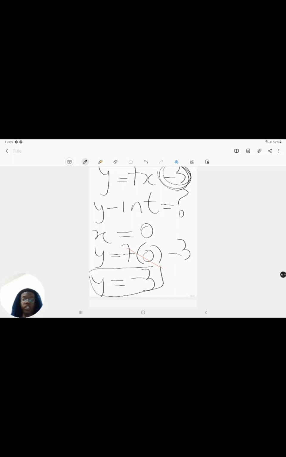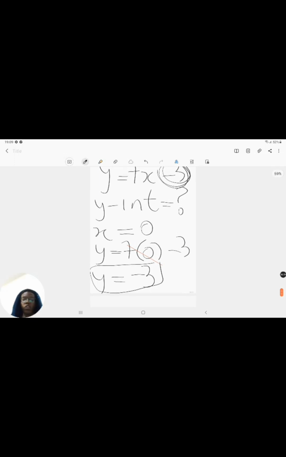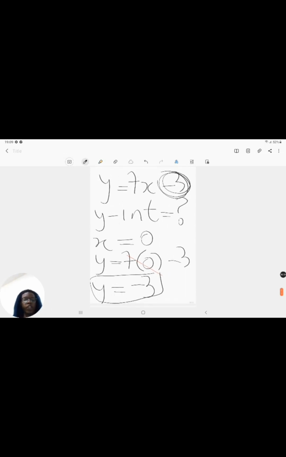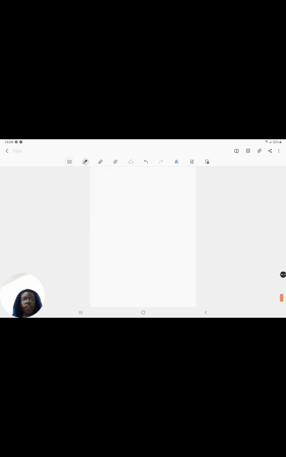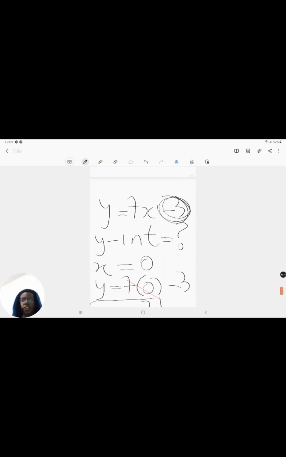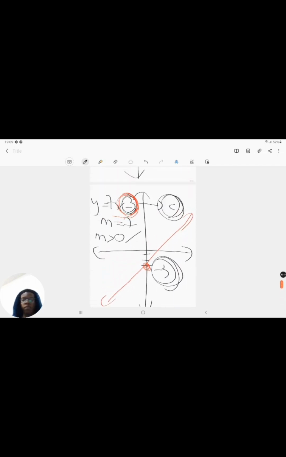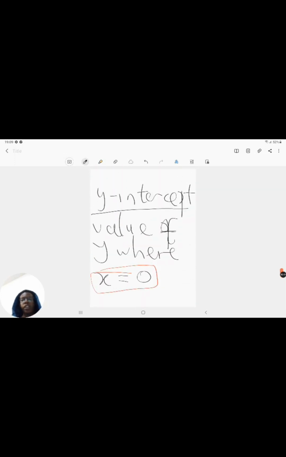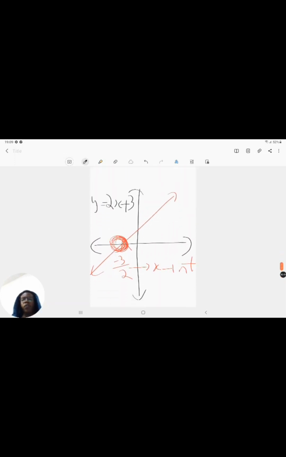As for examples combining all these concepts, the gradient, the y-intercept, x-intercept, and sketching of the linear graph, I'm not going to do that here. If we do decide to do it, we'll do it in a separate video. But I think just covering the basics, in as much detail as I did, should have been enough for revision.